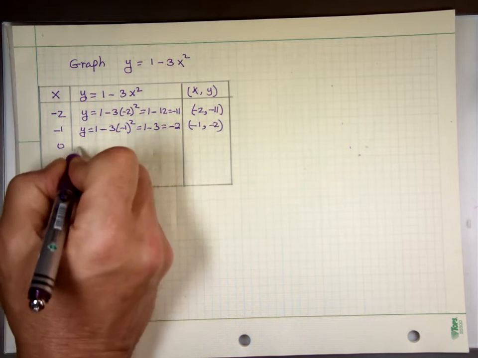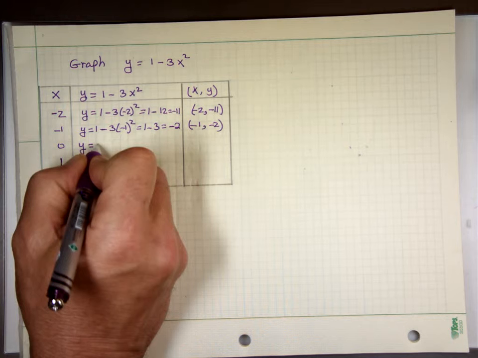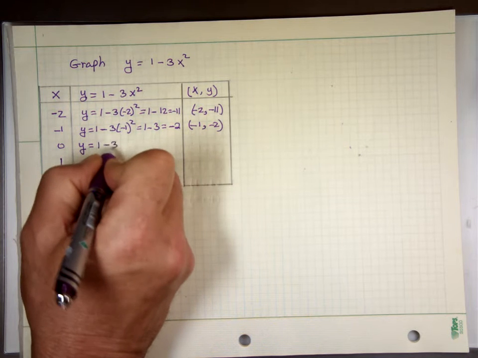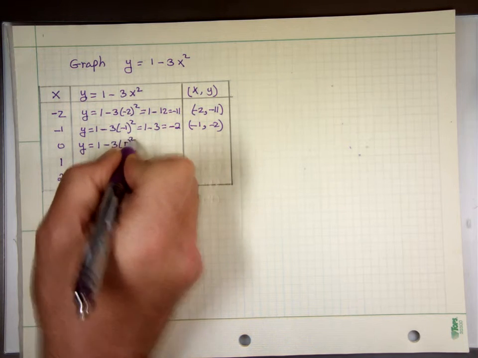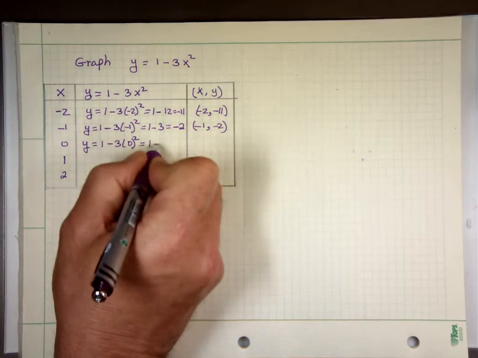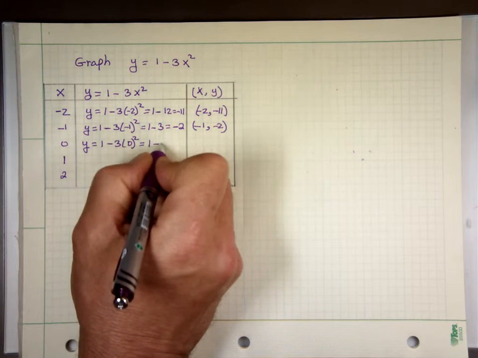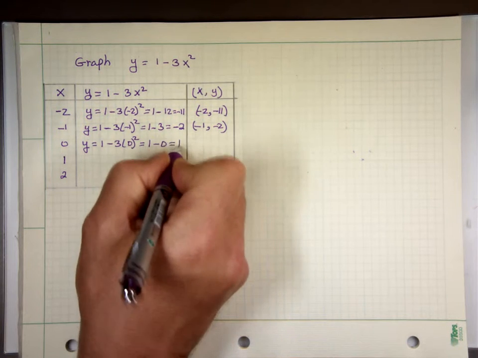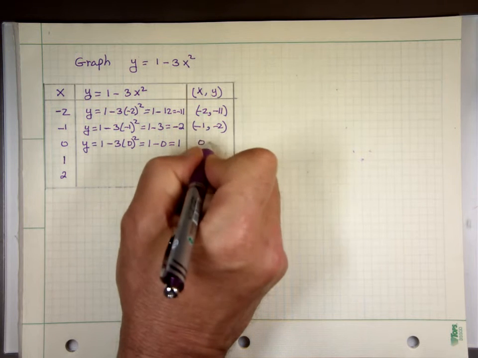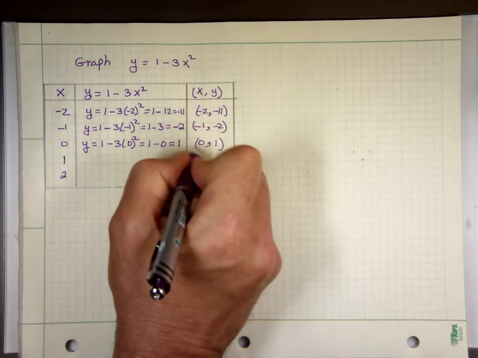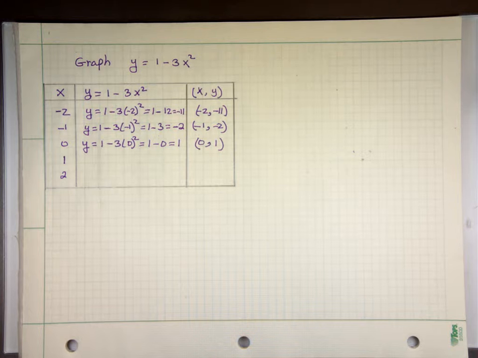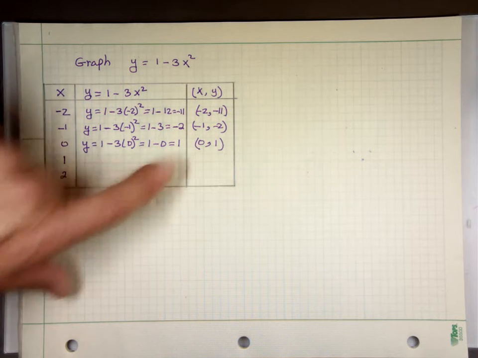When it's 0, y equals 1 minus 3 times 0 squared. 1 minus 0 squared is 0 times 3, which is 0. That's a 1. X is 0, y is 1.